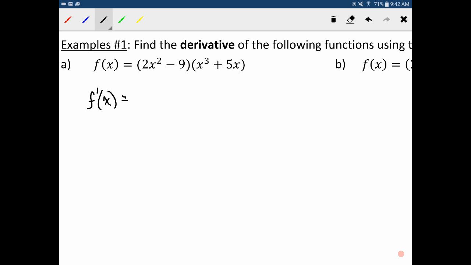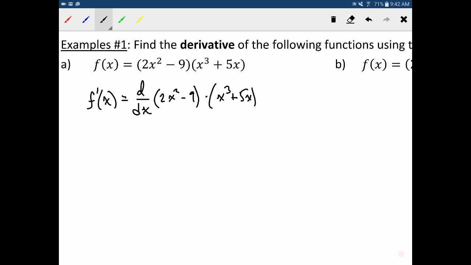First of all, we're going to take the derivative in terms of x of 2x squared minus 9. You're then going to multiply that by the function x cubed plus 5x.